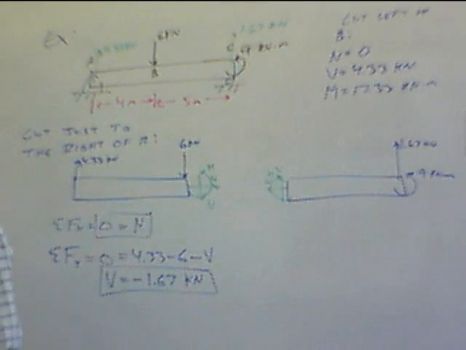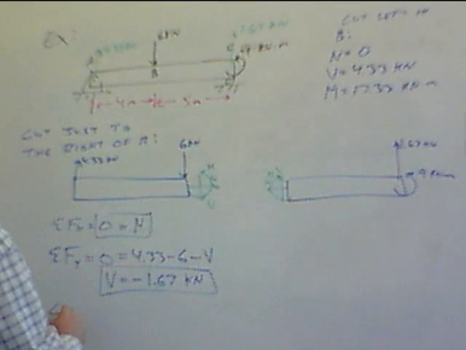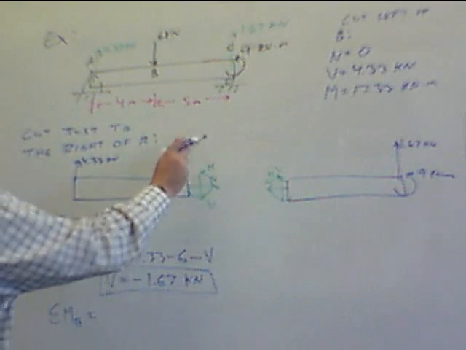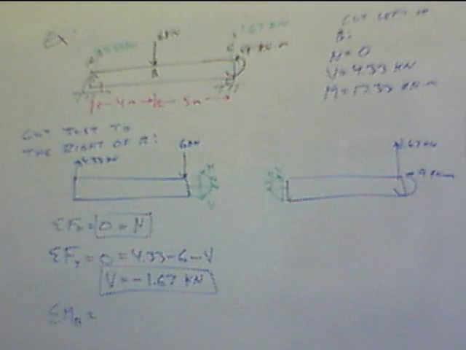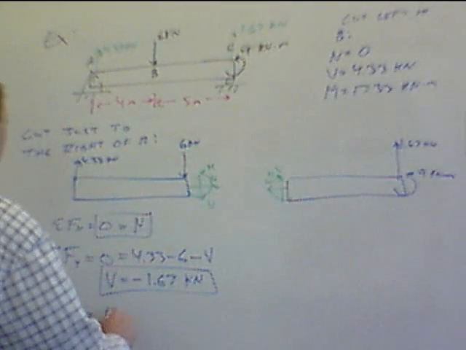So taking moment about the center here, summation of moment about B, so that the 6 and the V drop out, equals 0.